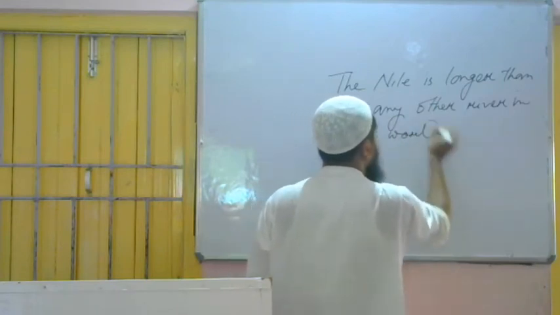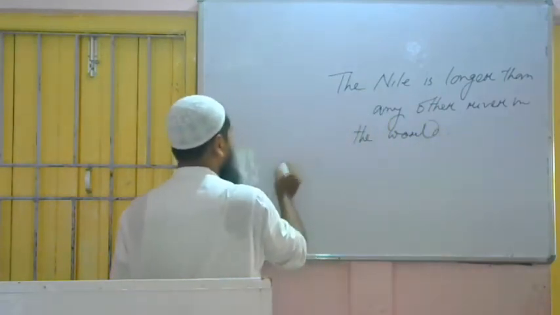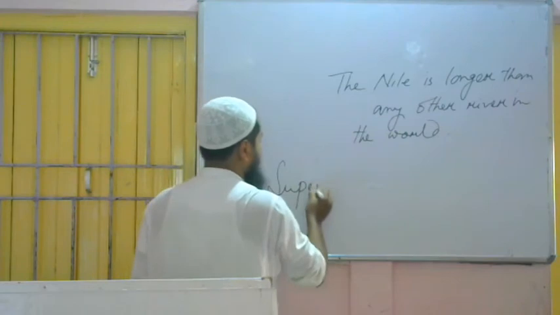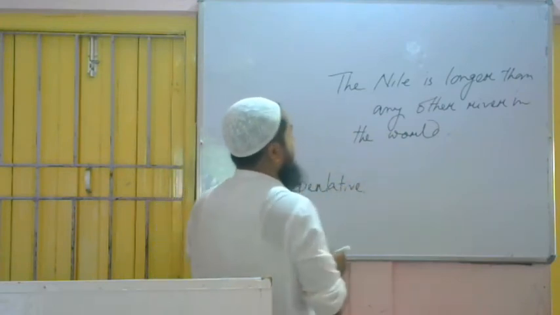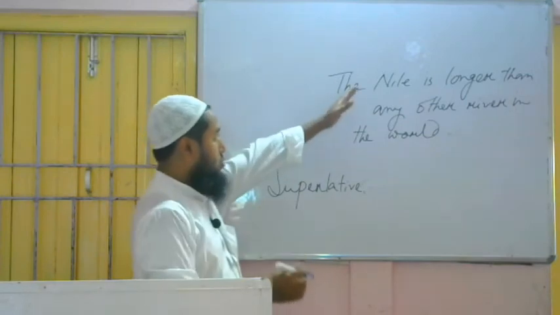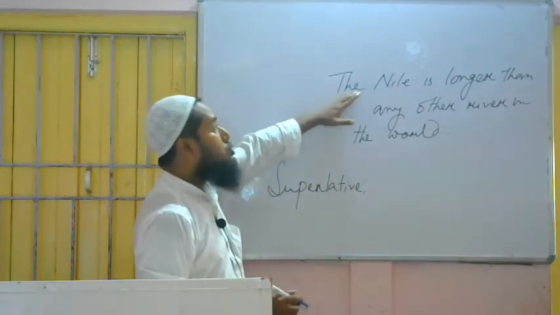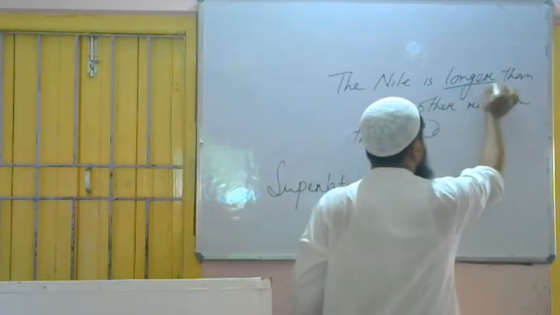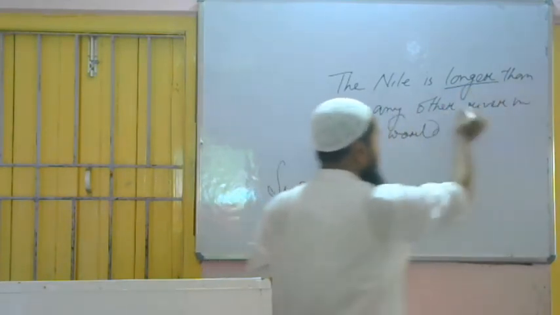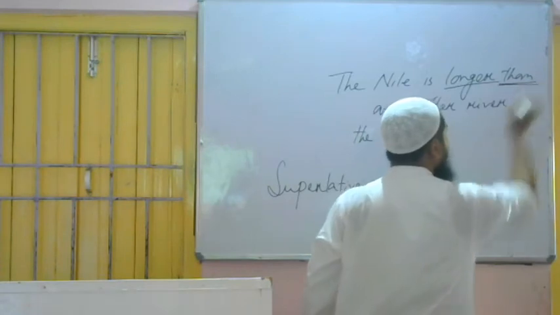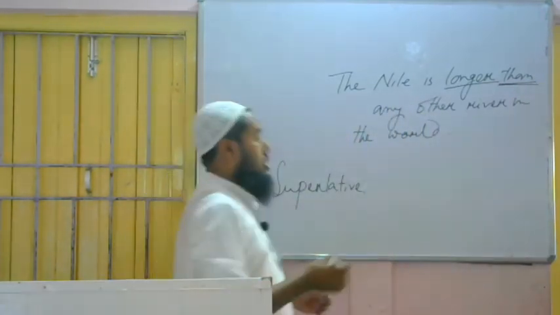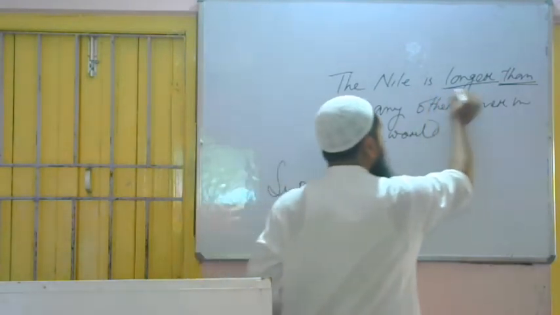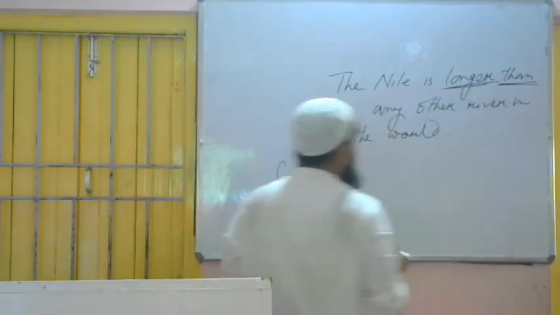Okay, we got a sentence and we are asked to change the sentence into superlative degree. Let's see first, the sentence given in the question is in which degree? It is in comparative degree. How have we understood? Because we got the comparative form of the adjective and after that we got what? THAN. I told you THAN is the sign or symbol of comparison or comparative degree. So from this word we have understood this is a sentence of comparative degree.